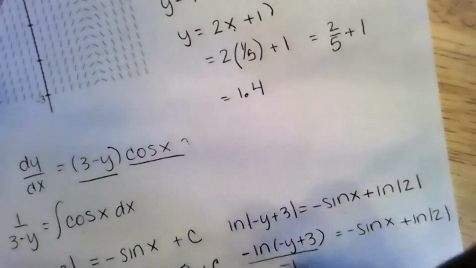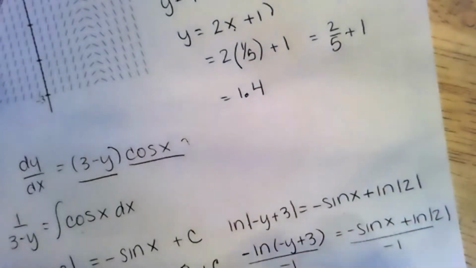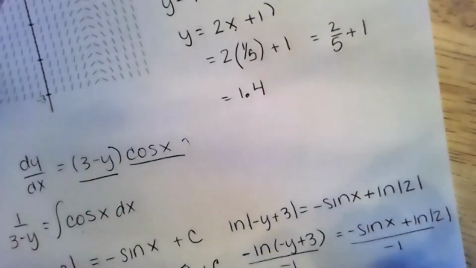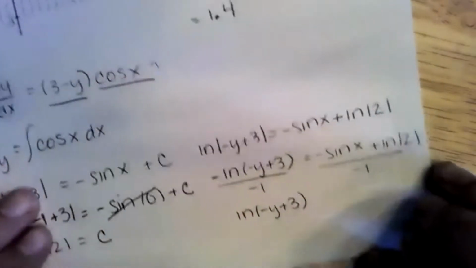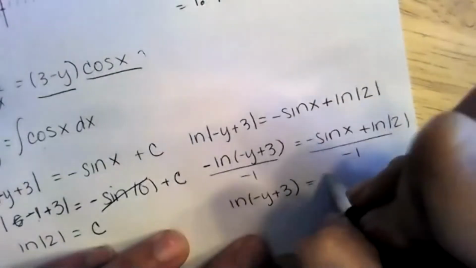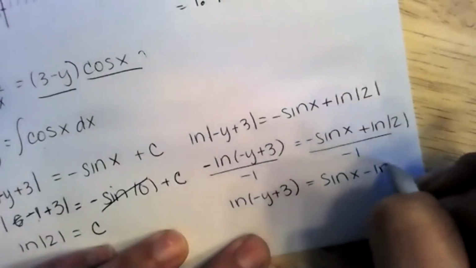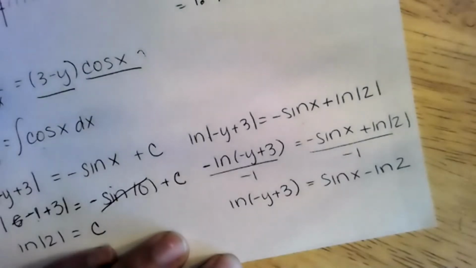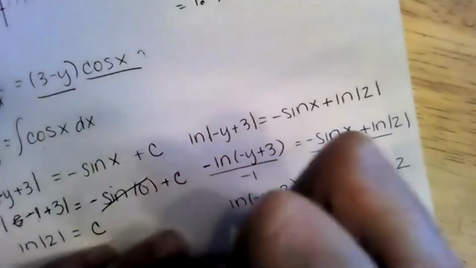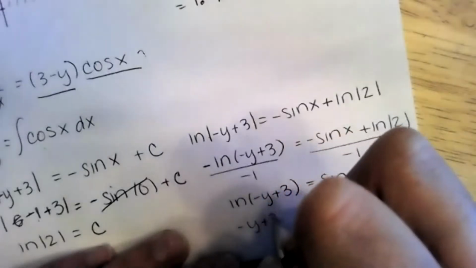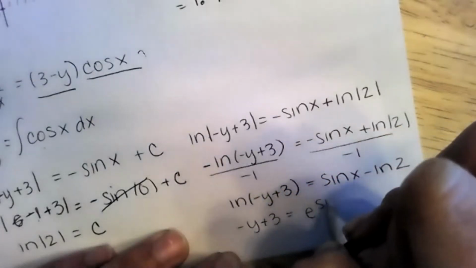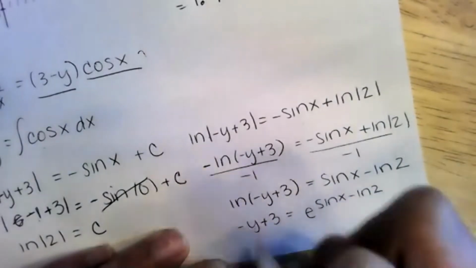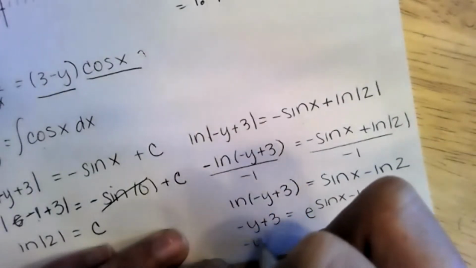So divide both sides by negative 1. Subtract.